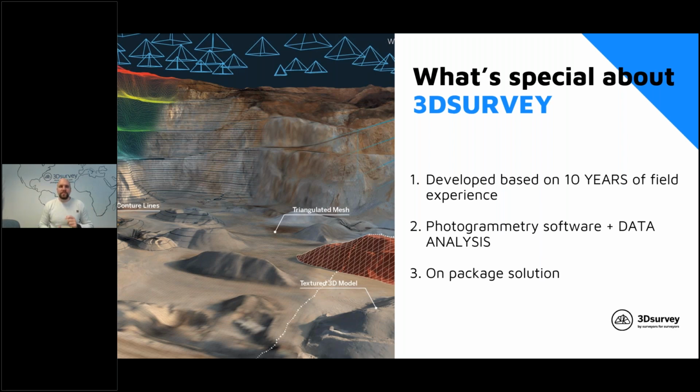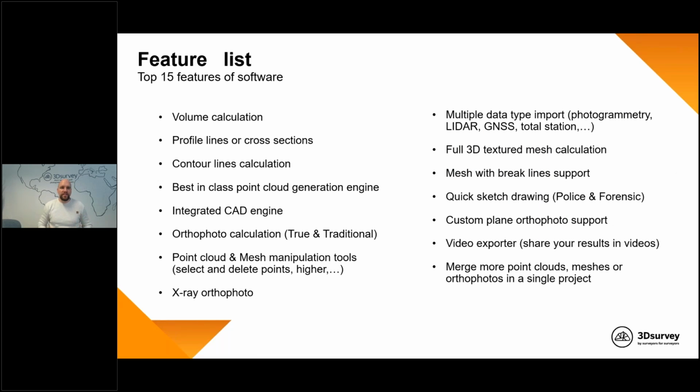So we have things like integrated volume calculations, integrated CAD engine, the ability to draw survey maps, and these kinds of things. Everything is included in one package solution. Everything that we'll be talking about today is part of the 3Dsurvey package. The idea is to have all the functions that land surveyors need included in one software solution.